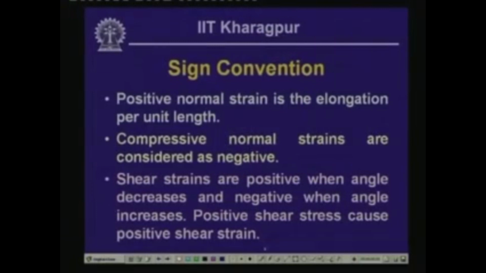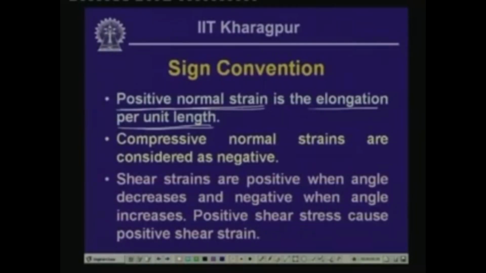Before we get into that, let us look at the sign conventions of different strain components. As we have seen, positive normal strain is basically the elongation per unit length. When we say epsilon x is the strain in the x direction, we refer to the extension or elongation in the x direction.